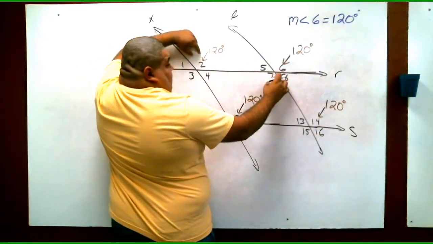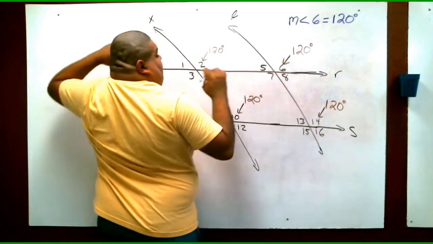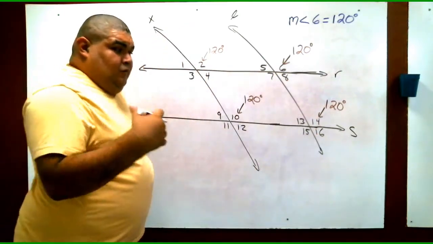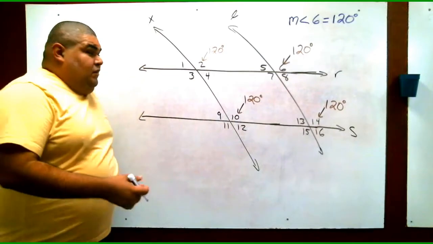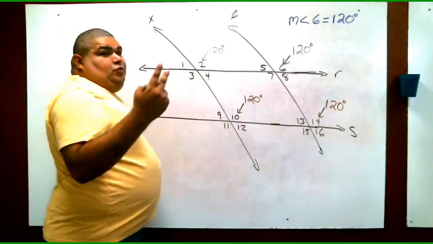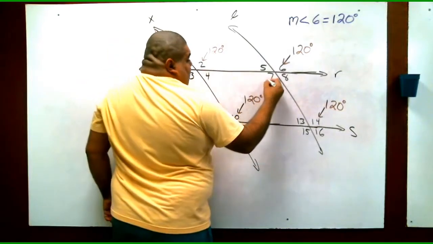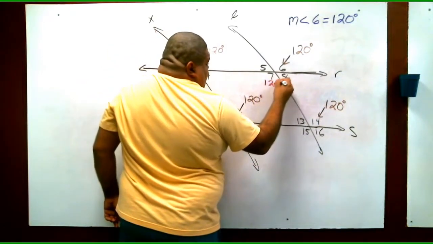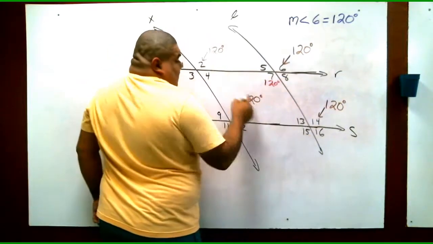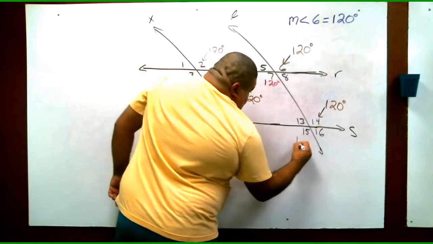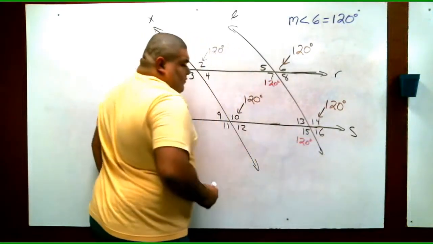But these ones are also opposite on the inside. So there are different ways to look at it. We're going to use the theorem twice. We're going to use it for 7, which is 120 here. Then this is 120. Therefore, again, alternate interior, this is 120.